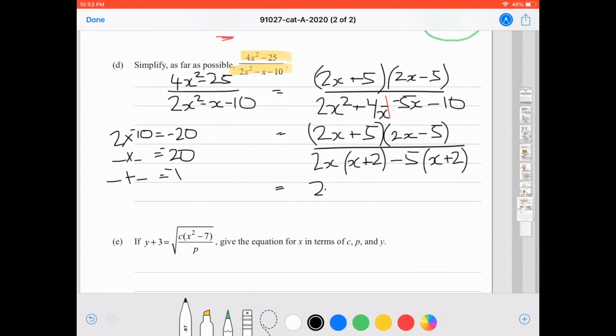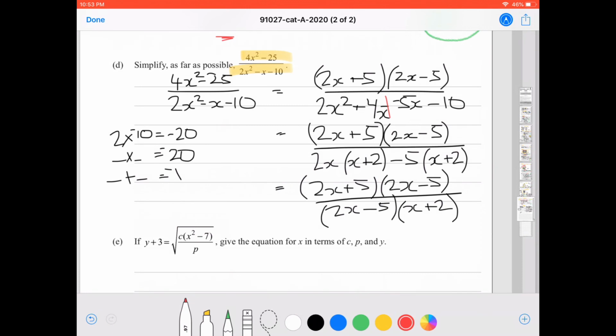Okay, we're almost there. 2x plus 5 and 2x minus 5, all over 2x minus 5 and x plus 2. And as is usually the case with these questions, we can cancel 2x minus 5.